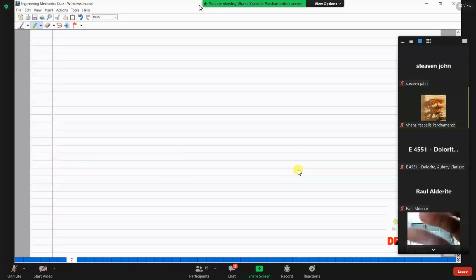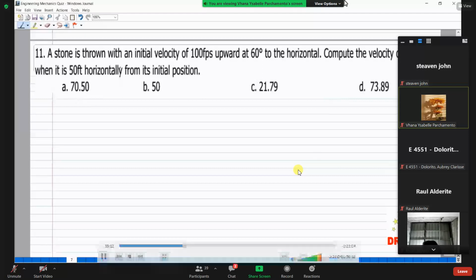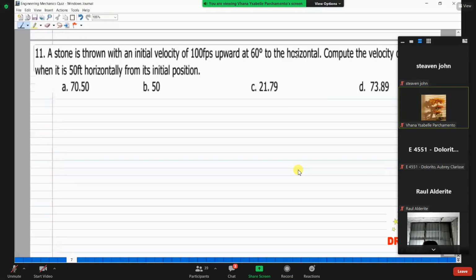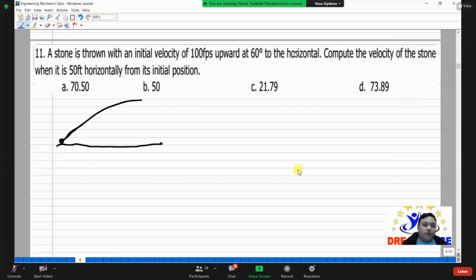Number 11, a stone is thrown with an initial velocity of 100 feet per second upward to the horizontal. So, meron tayong projectile. So, with the horizontal, so drawing ko na lang, wala tayong figure. So, dito. Yan. So, ang initial niya is equal to 100 feet per second.